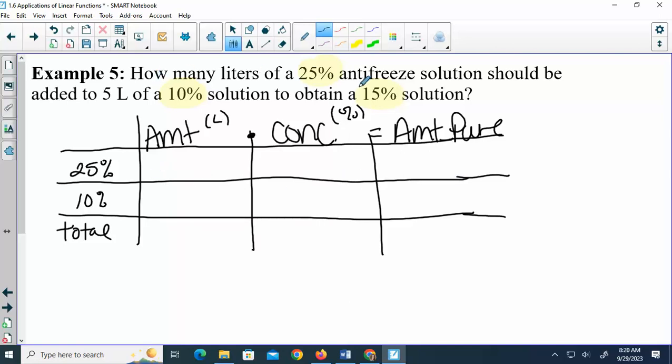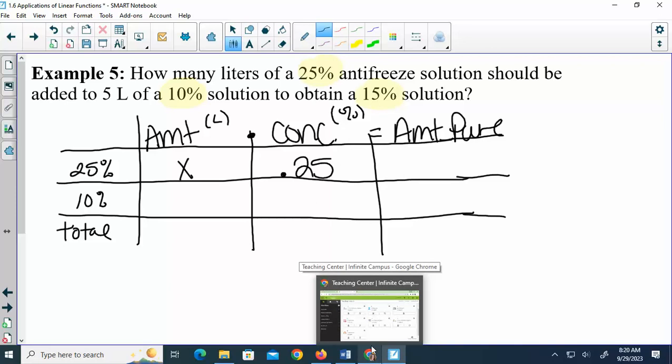How many liters of a 25% solution? So if I don't know it, I call it x, the concentration of that one. Should be added to 5 liters of a 10% solution.